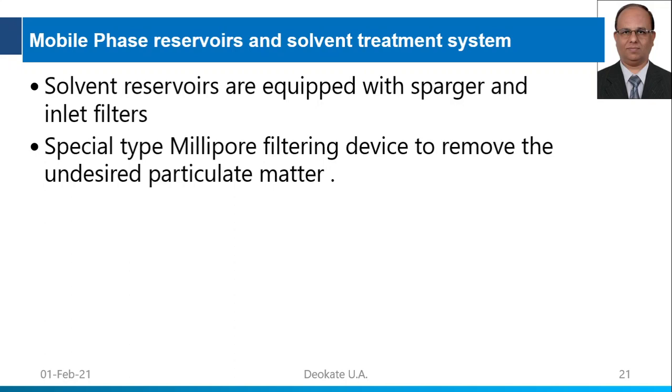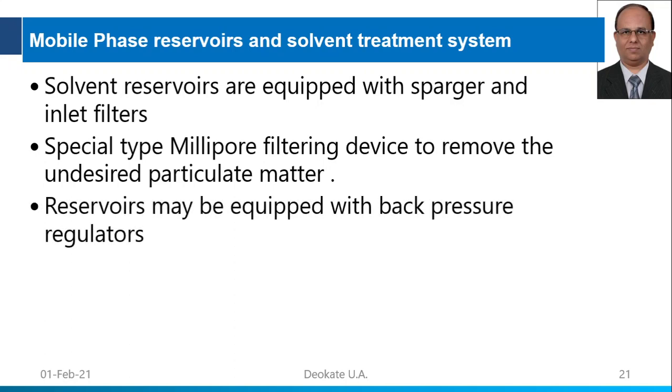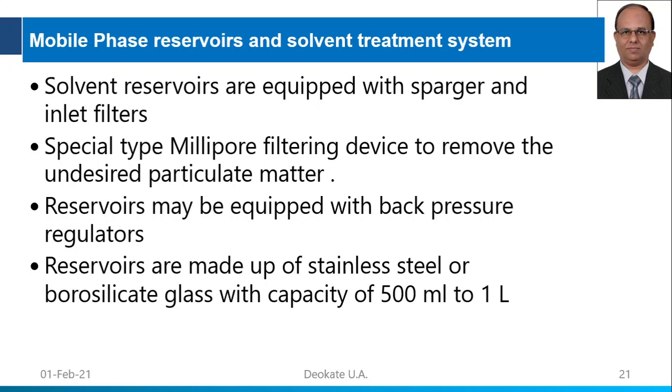All mobile phases and samples which you introduce into the HPLC system must be filtered before they are pumped or injected. The reservoir may be equipped with back pressure regulators to control the pressure of your system. Reservoirs are made of stainless steel or borosilicate glass with a capacity of 500 ml to 1 liter.